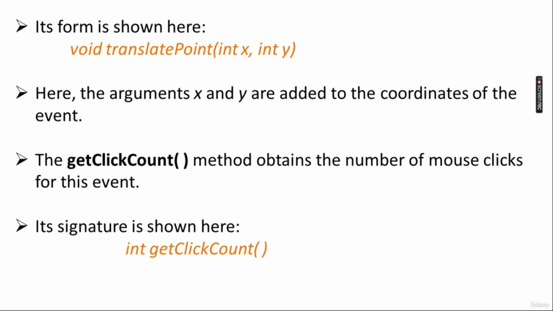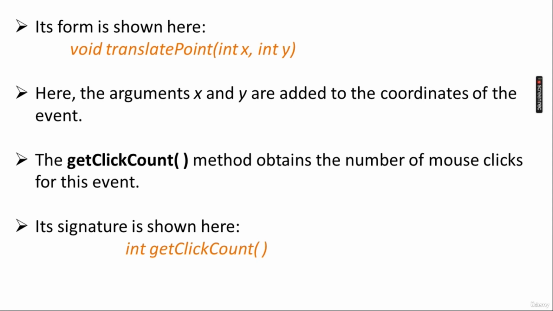So the previous coordinates are changed or overwritten by this new coordinate. You clicked at that button at x coordinate 10 and y coordinate 10, but you are translating that point to another point, 100 by 100. The arguments x, y are added to the coordinates of the event. The getClickCount method obtains the number of mouse clicks for this event.